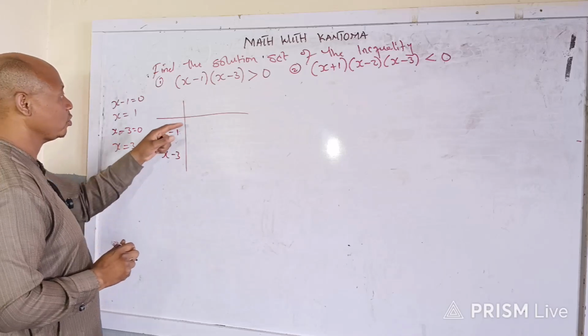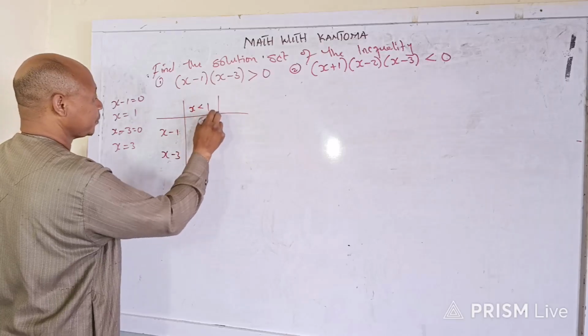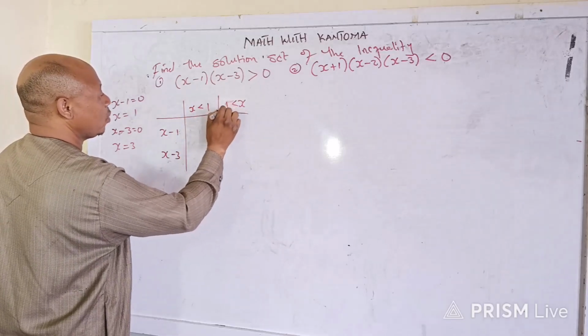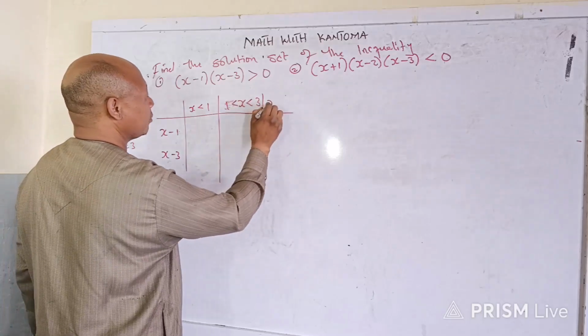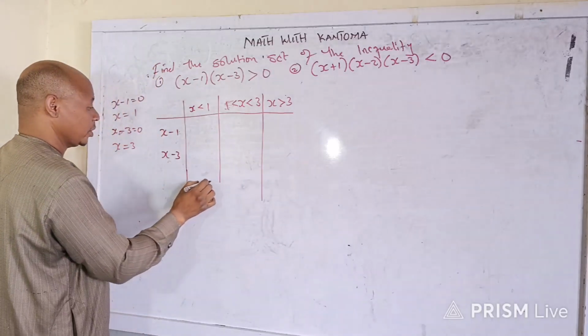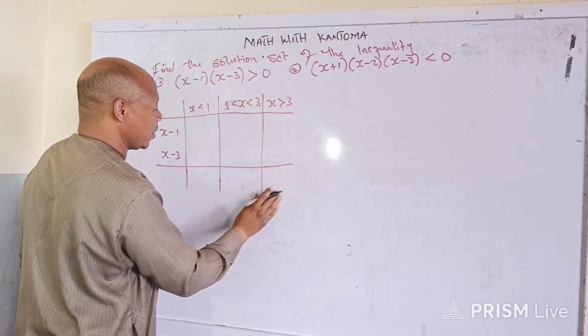So now the range of values of x will be x less than 1, x lying in between 1 and 3, then also x greater than 3. So now these are the possible ranges we use to derive the solution set of this inequality.